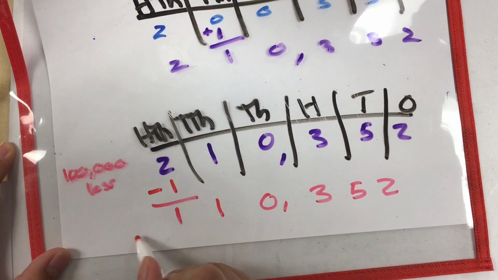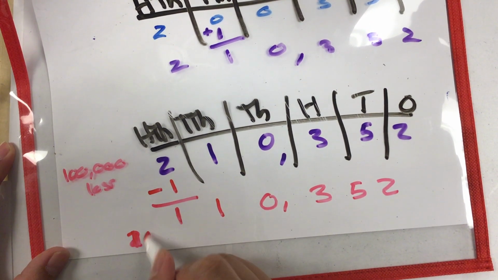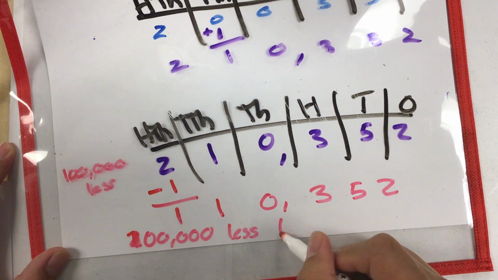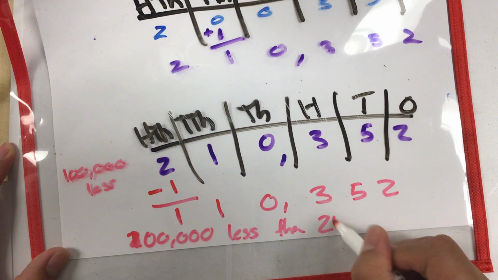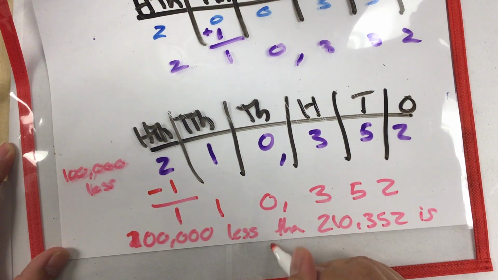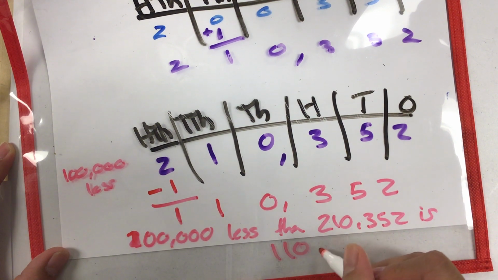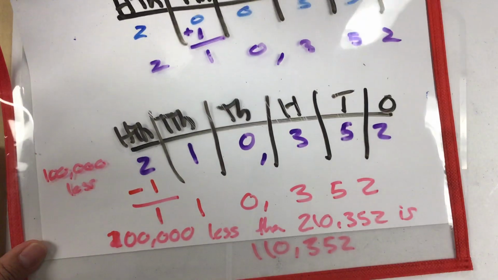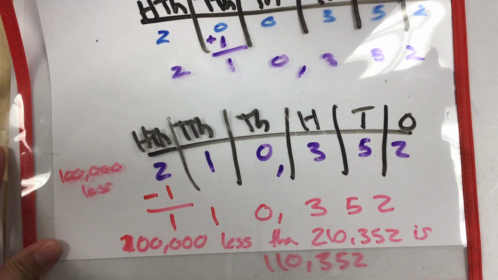So I could say for this sentence, 100,000 less than 210,352 is 110,352.